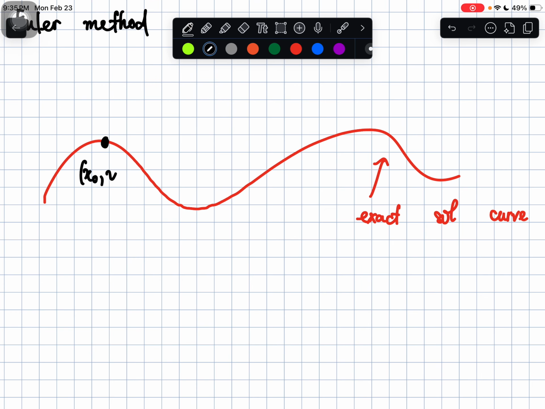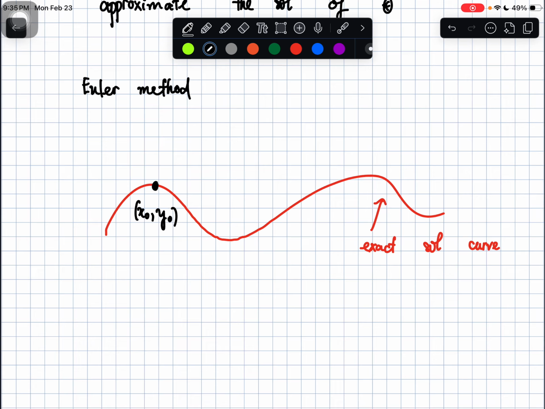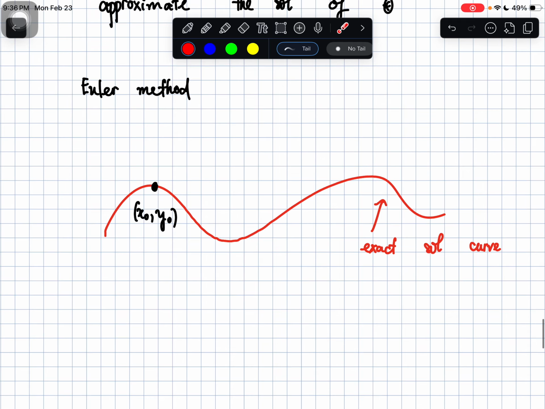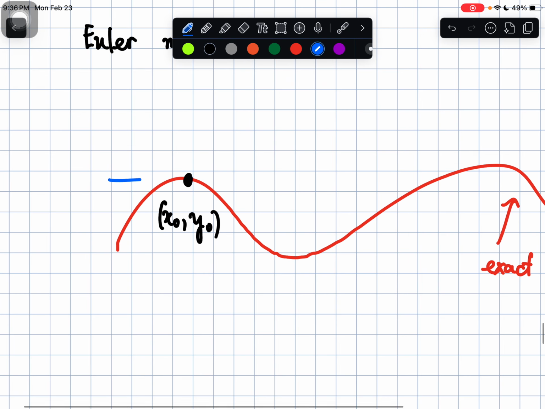We don't know how to solve the exact solution, so we approximate that. In the Euler's version, we approximate that by this tangent line. So near this point, the points on the tangent line will be used to approximate the points on the curve.